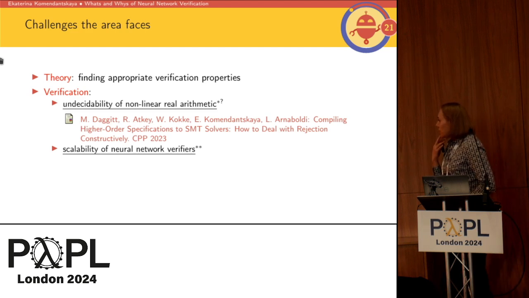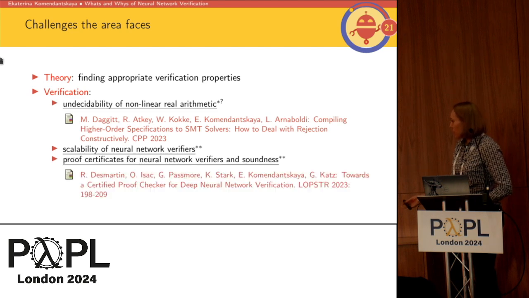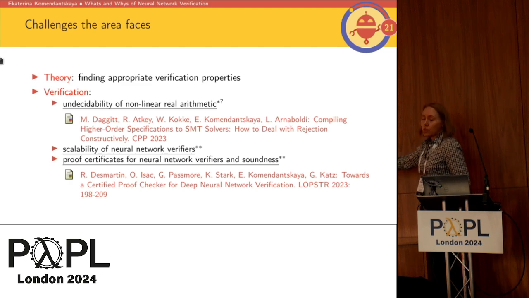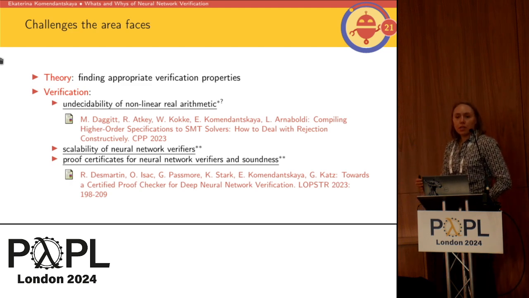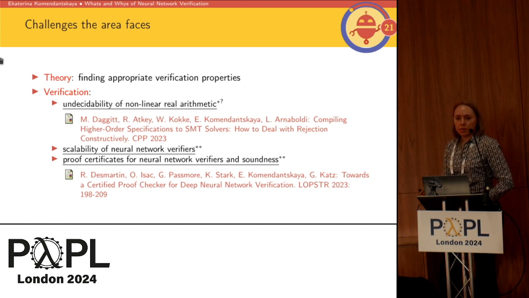The next issue we found was scalability of neural network verifiers, and the community is very active in working on that. And of course, whenever you use SMT technology or similar, there will be a question of ultimate correctness of the algorithm that you use for crunching those neural networks, and generating proof certificates showing soundness of those algorithms. That was, again, one of the problems we found.